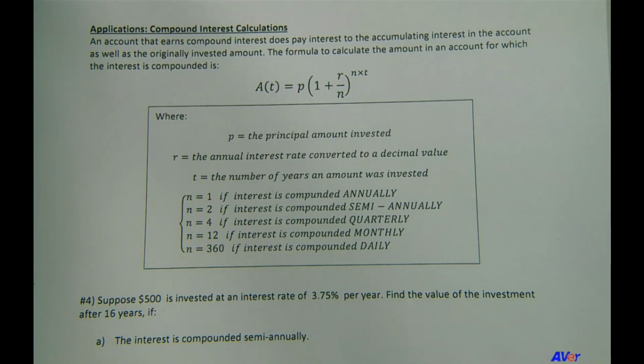So you invest some amount, let's say $1,000, in an account that is earning interest at 2% compounded monthly, daily, yearly, semi-annually, whichever one of those. And you want to know how much money will be in your account in, say, 5 years, or 10 years, or 15 years down the road.